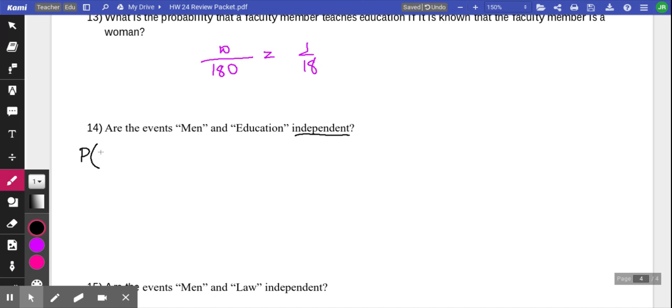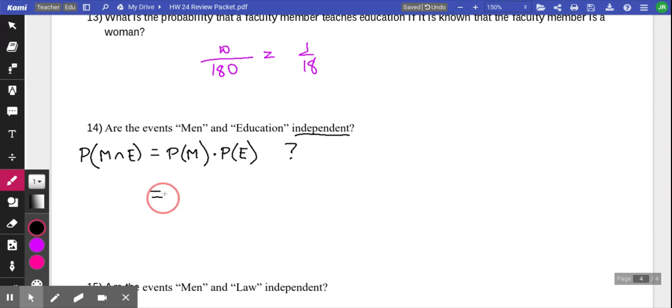So in our case, the probability of men and education would have to be equal to the probability of being a man, times the probability of being a faculty member in education. And what we're trying to figure out is, is this true? If it is true, then they are independent. And if it's not, then they aren't.